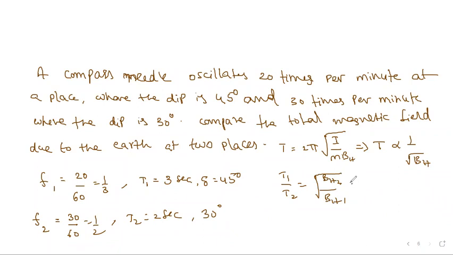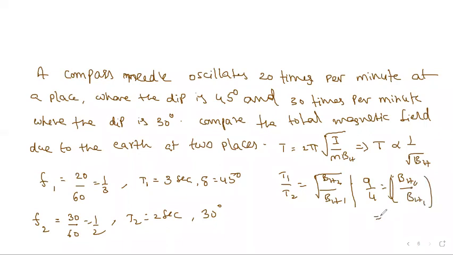And for T1 by T2, you can take the square on both sides. Then T1 square by T2 square. T1 by T2 means 3 by 2, no? T1 square by T2 square in the sense 9 by 4. 9 by 4 equals BH2 by BH1.